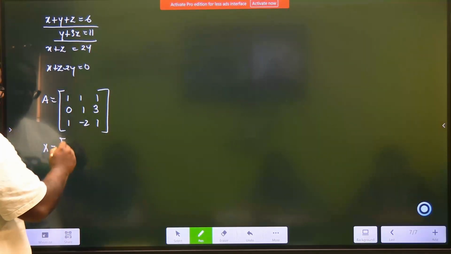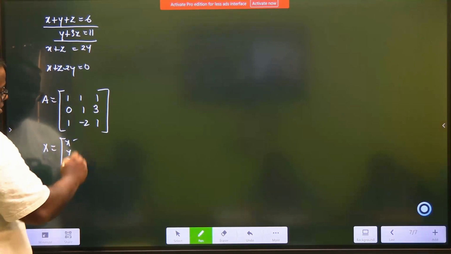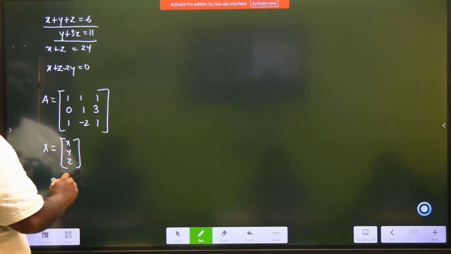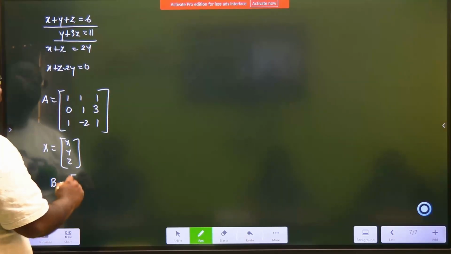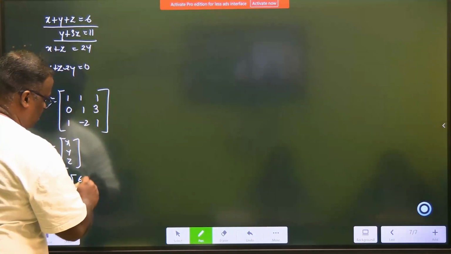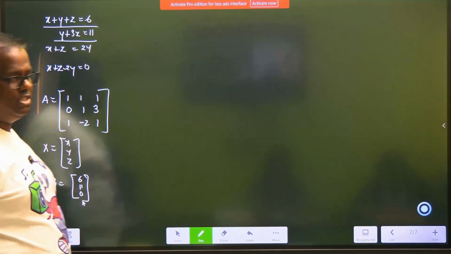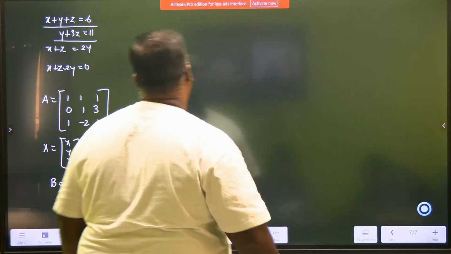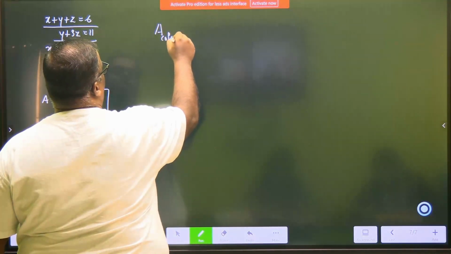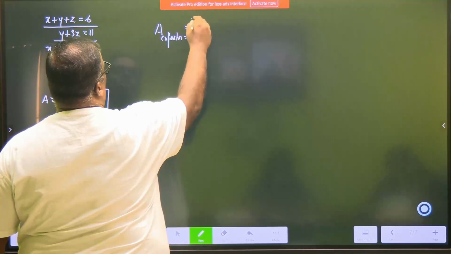X is equal to, and B matrix is equal to, what is your B matrix? 6, 11, 0. So the more zeros, the easier your life is. You can do it. A cofactor in one shot.